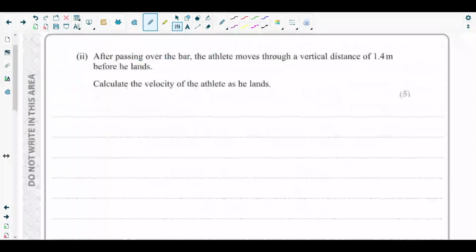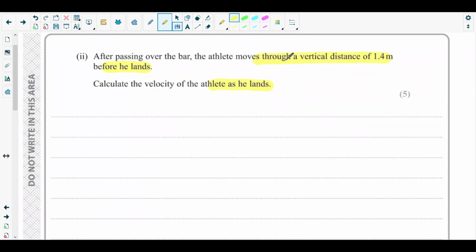Next is question number 15B2. After passing over the bar, the athlete moves through a vertical distance of 1.4 meter before he lands. Calculate the velocity of the athlete as he lands.